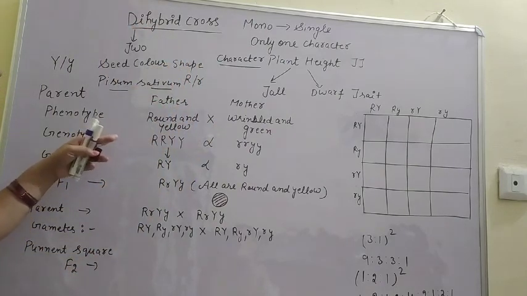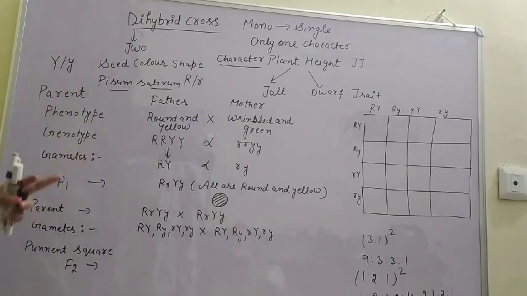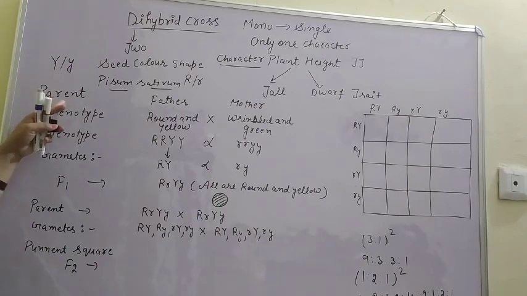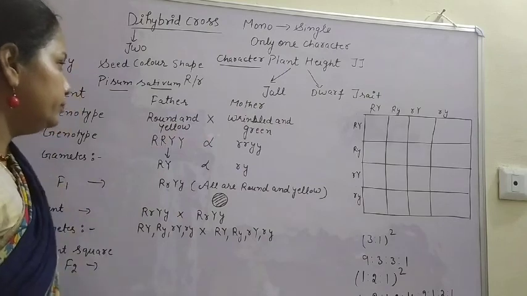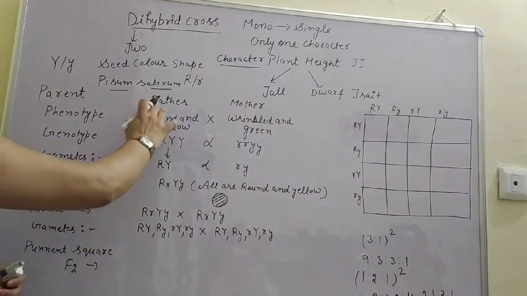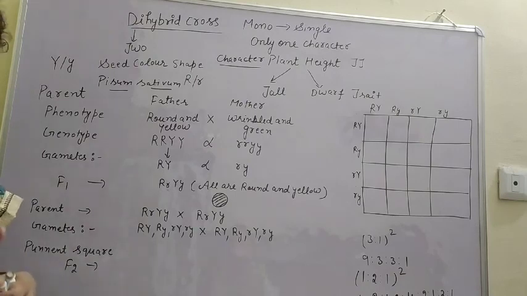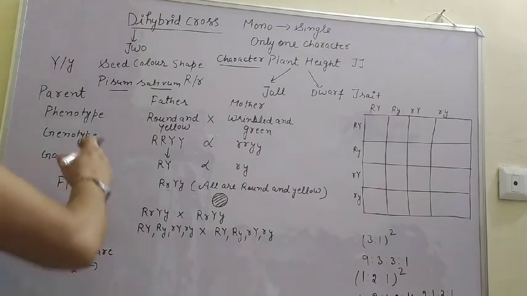So now let us draw this dihybrid cross. For this dihybrid cross, firstly we have to write the parents. There are 2 parents, father and mother. In case of the father, the phenotype. Phenotype means the observable characters, and these terms we also discussed.